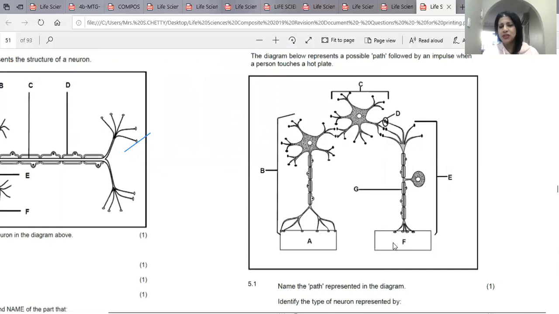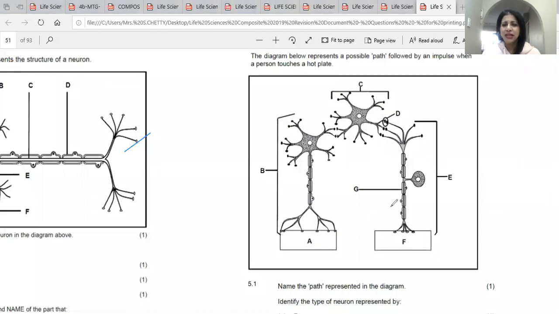Once you get more knowledge in this particular diagram, you would know that the impulse is traveling, let me show you one more time, using this. So in this particular case, the impulse will be traveling upwards.